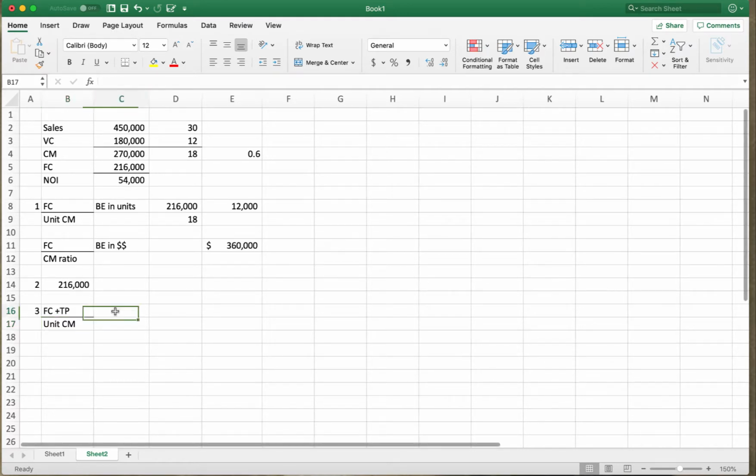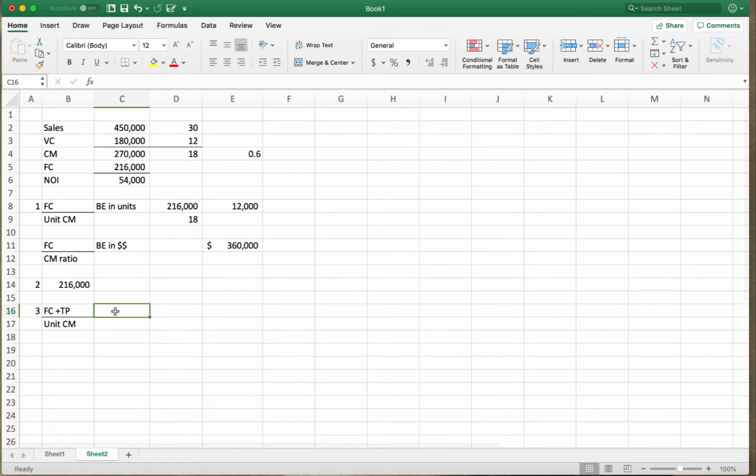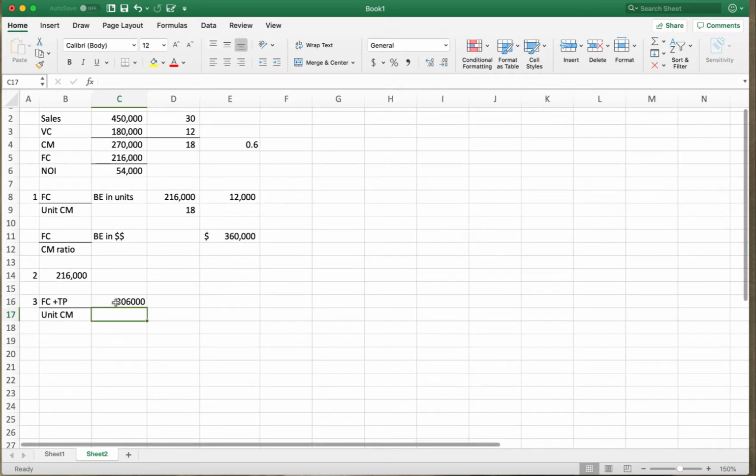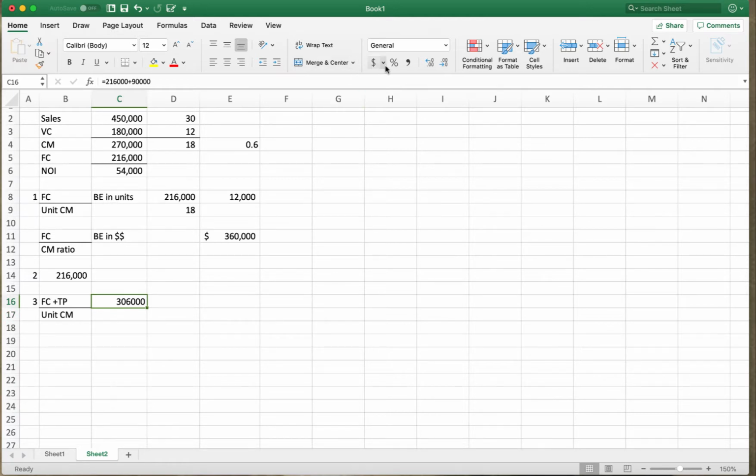Okay? So what are our fixed costs? Well, they're $216,000 plus the target profit of $90,000 gives us a total amount of $306,000. Okay. We're going to divide by our contribution margin.